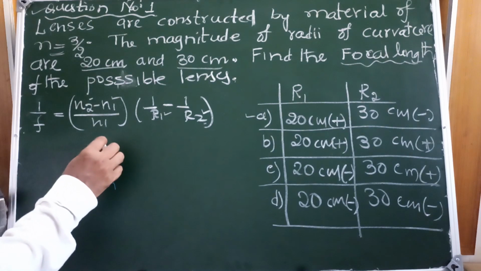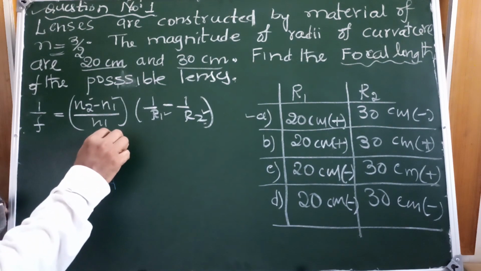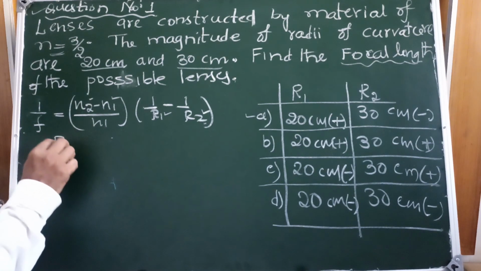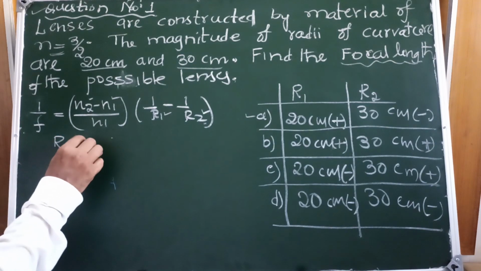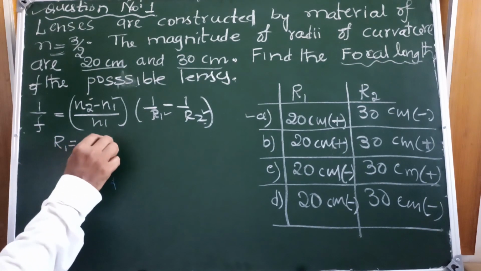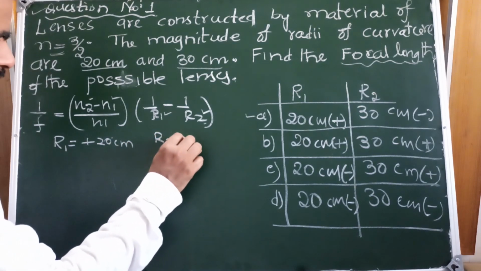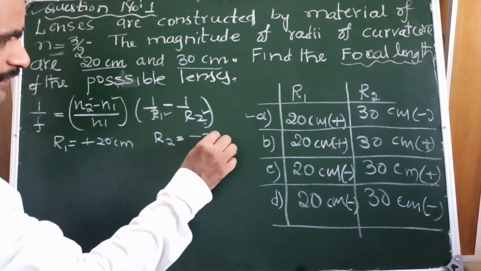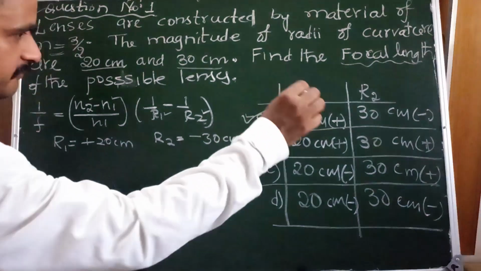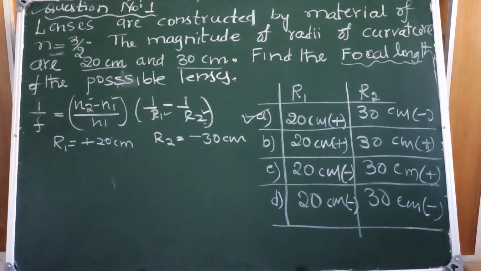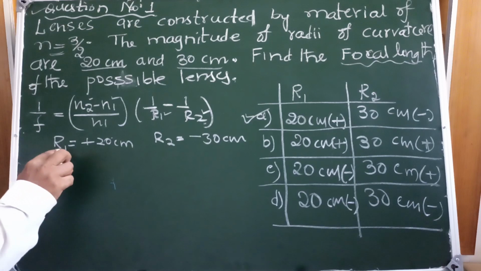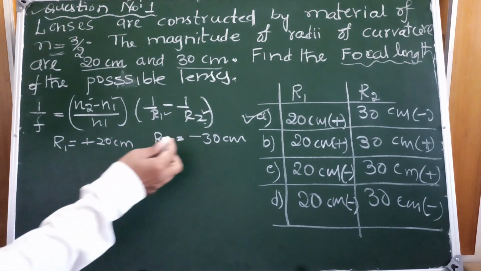Here we are taking the first lens. For the first lens we can take R1 is equal to plus 20 centimeter, R2 is equal to minus 30 centimeter. This is the first possibility. Here R1 is positive and R2 is negative.